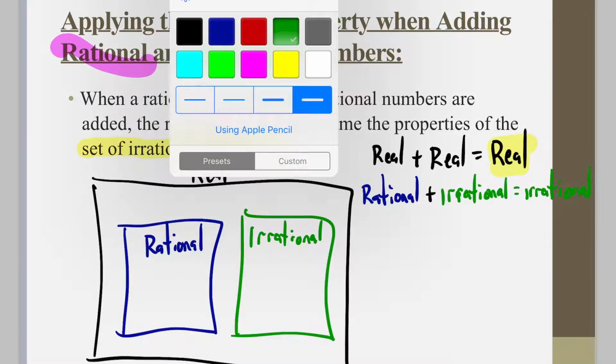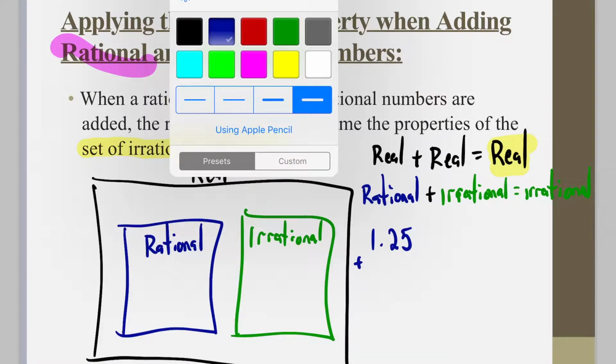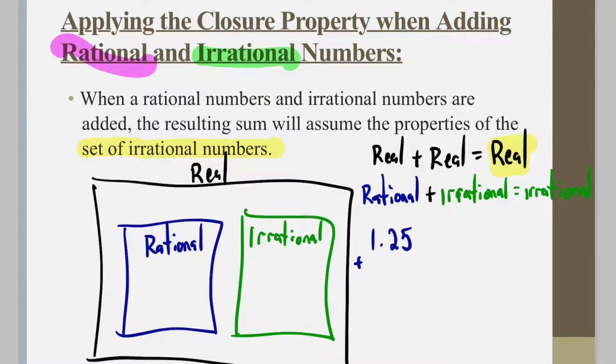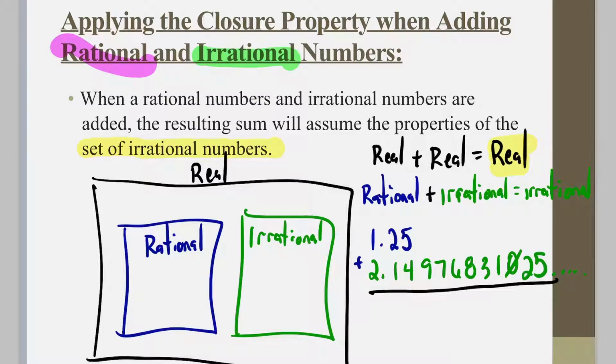Now let's think about this through an example. If we have 1.25 and we add that to 2.14976831025 and so on forever, will this resulting sum, will this result that is written here, ever terminate or repeat?